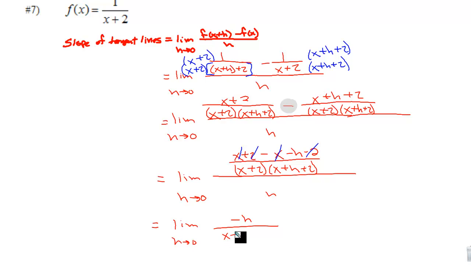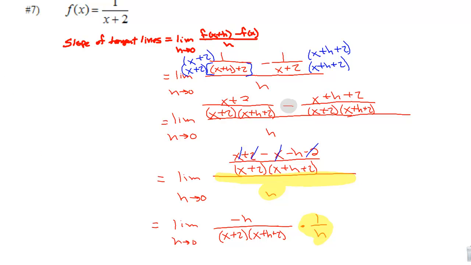At this point, since the numerator of our numerator, I hate saying that, it sounds really confusing, is simplified, stop dividing by h. Dividing by h is equivalent to multiplying by the reciprocal of h.